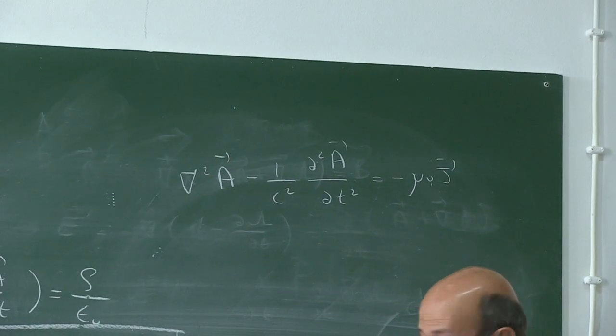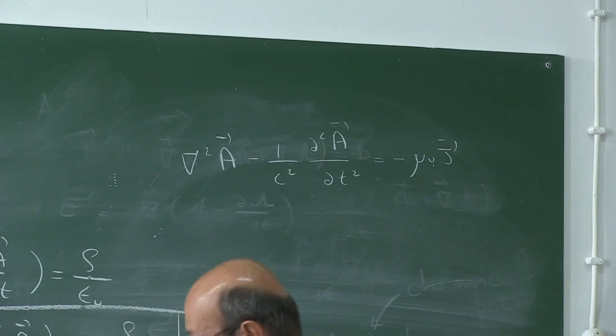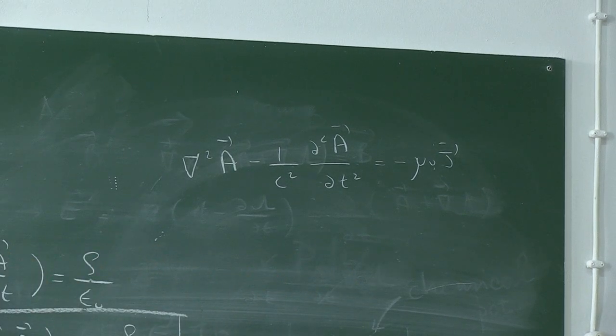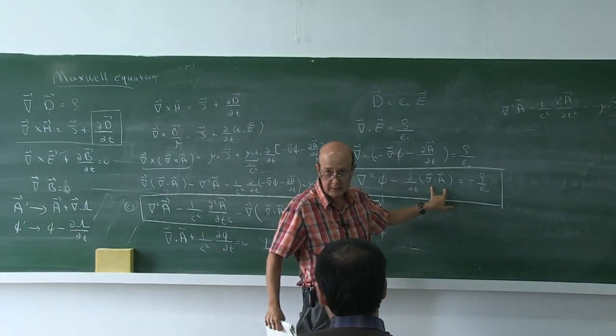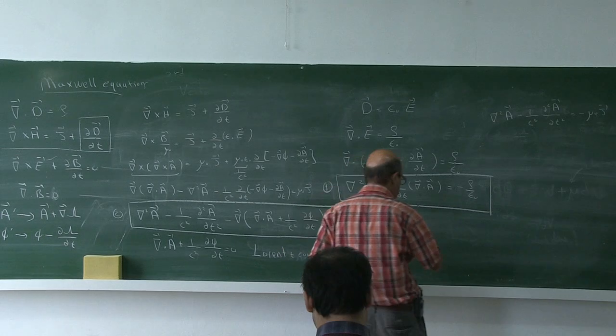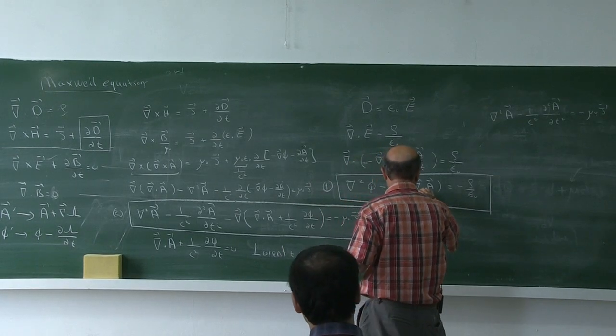First one, look at the first one. You have what? Divergence of A here. And the divergence of A is equal to minus 1 over c squared del phi over del t. If you plug this information to here, you will obtain what? So under the Lorentz condition, what will this term be?